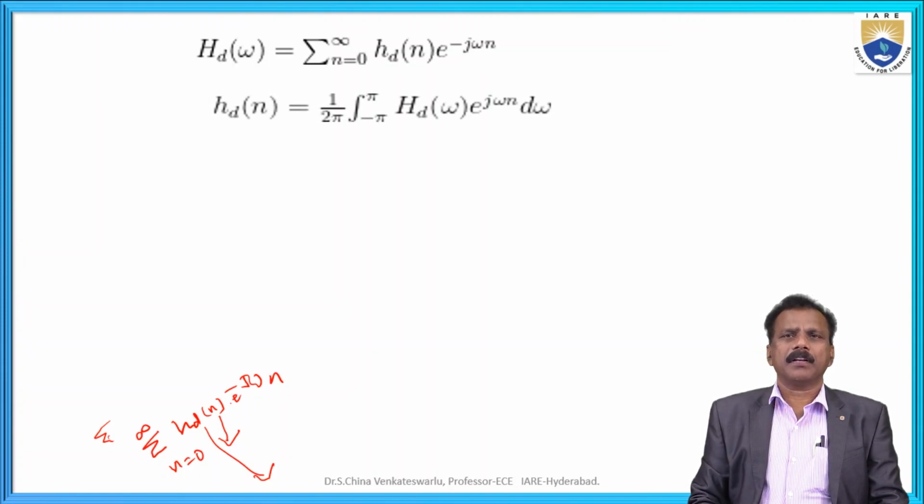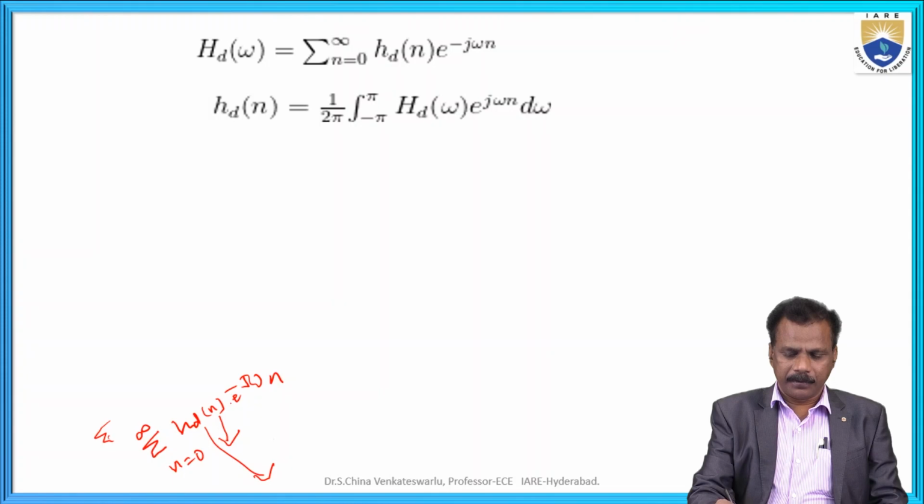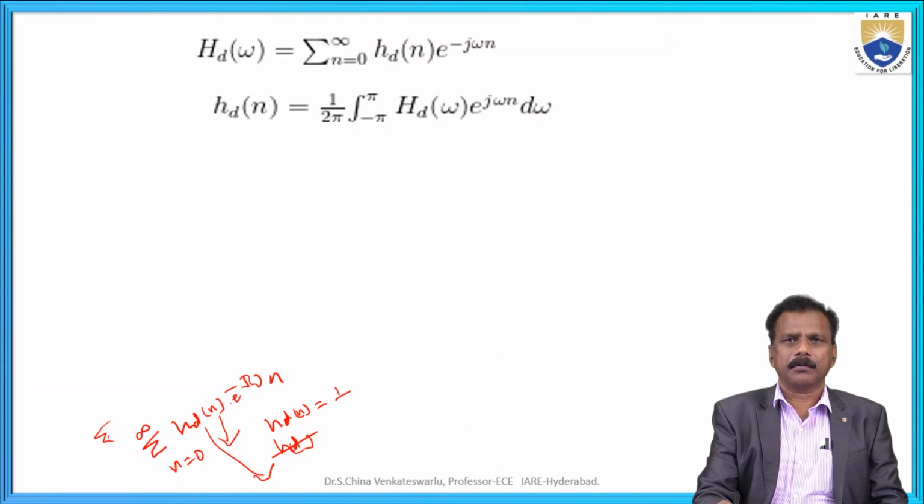Here hd of n is equal to 1 by 2 pi, the integral from minus pi to plus pi of capital Hd of omega into e power j omega n d omega.